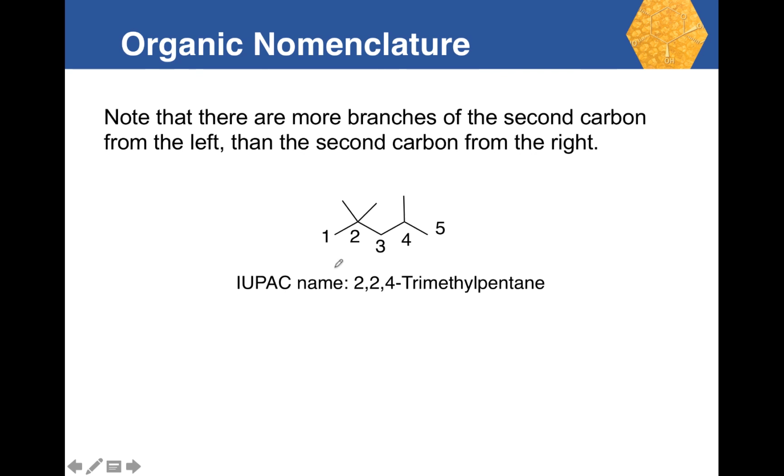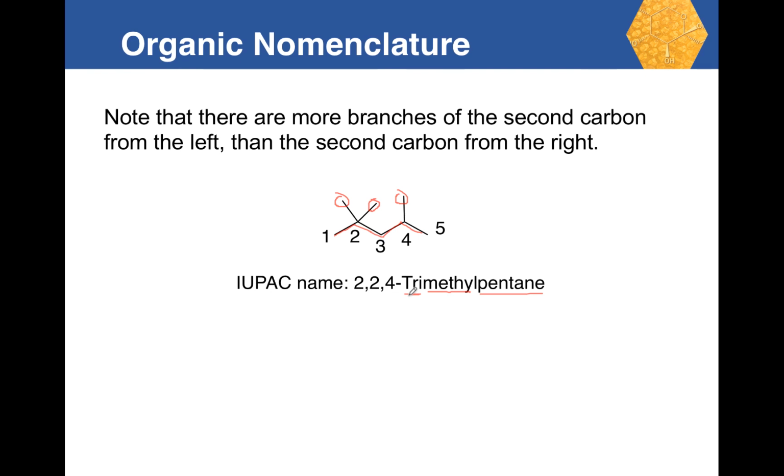So again, what I would suggest is to number these. So 1, 2, 3, 4, 5. Pentane. We have a CH3 methyl, a CH3 methyl, and a CH3 methyl. So we have methyl, but we have 3 methyls, so it's a trimethyl. Notice if it's 3, it's going to be trimethyl. If it's 2, it's going to be dimethyl.